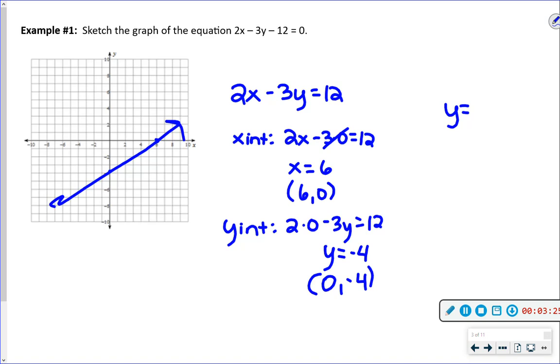Okay, now again, you could do that with less work, clearly, than what I did. If you're like, I don't really like that, that's kind of a pain, I like my mx plus b, use your mx plus b. You can solve this equation for y. I'm going to subtract 2x over. And then, of course, divide everything by negative 3.